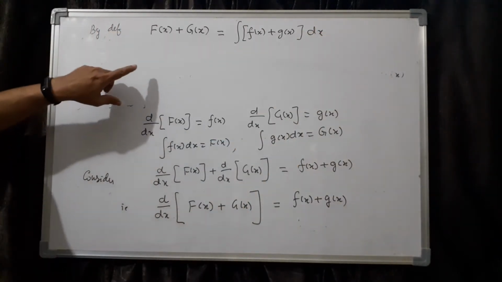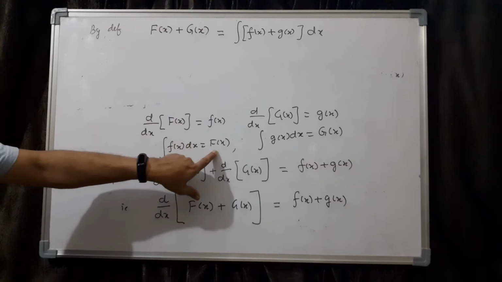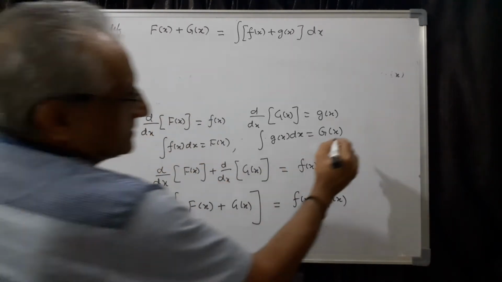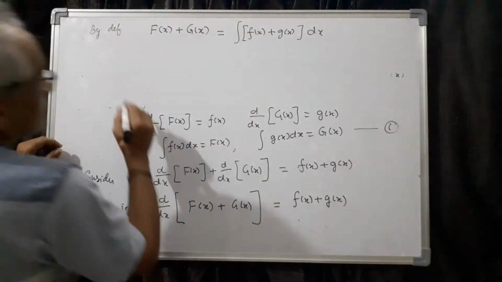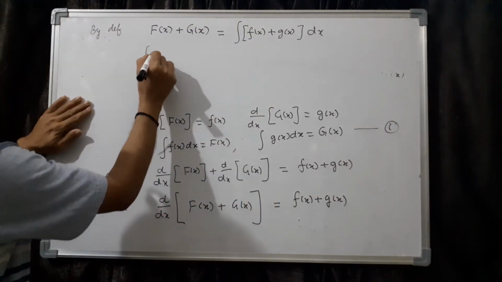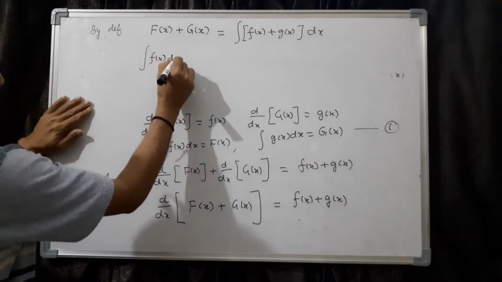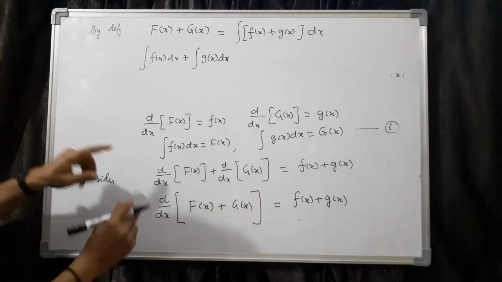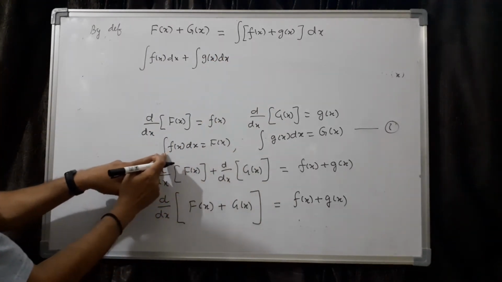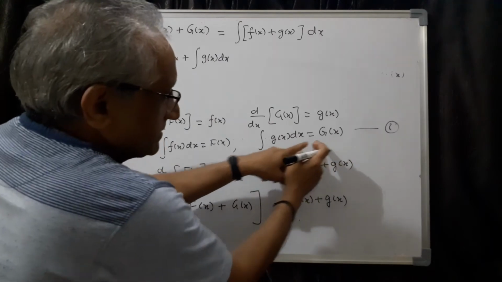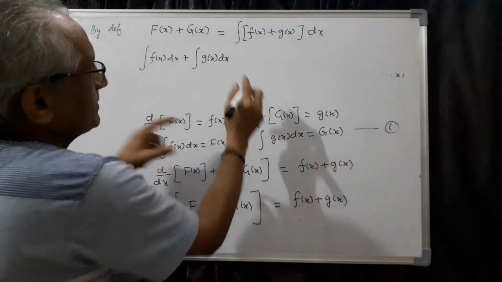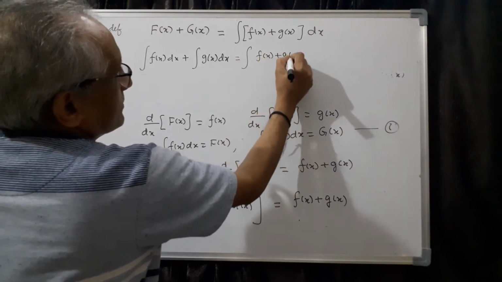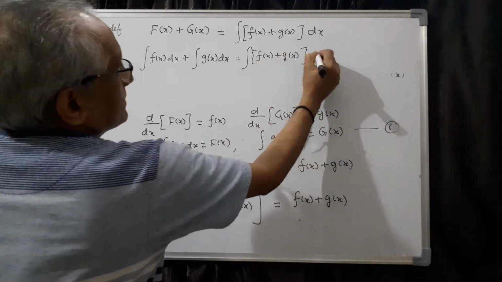Now look here, capital F(x) is the integration of f(x) dx, and capital G(x) is the integration of g(x) dx. So this is the integration of f(x) dx plus the integration of g(x) dx, and this equals the integration of f(x) plus g(x) dx.